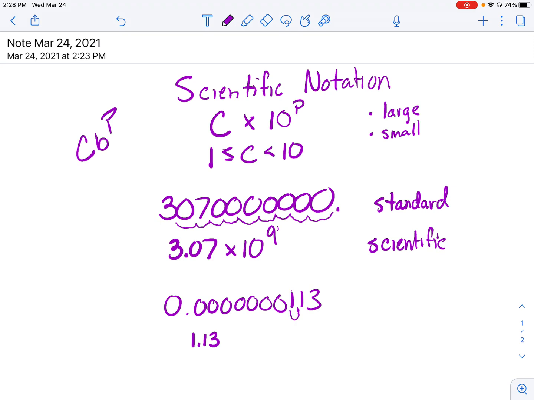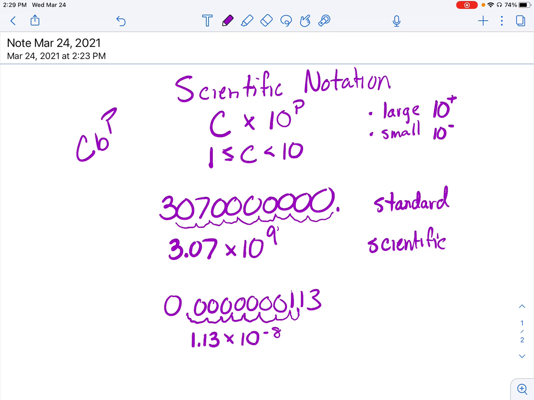So that would be 1, 2, 3, 4, 5, 6, 7, 8 spaces. But now, because we have an extremely small quantity and the decimal's going the other way, that would be negative 8 powers. So positive powers of 10 are used for extremely large numbers. Negative powers of 10 are used for extremely small values.